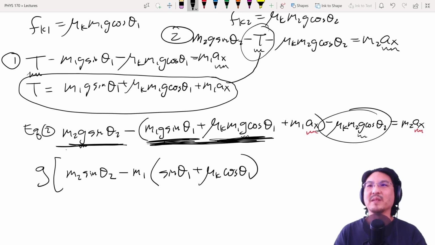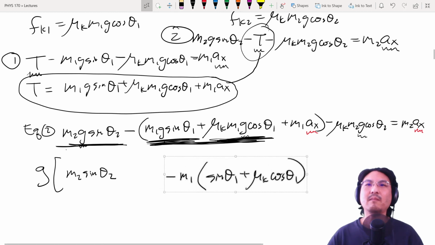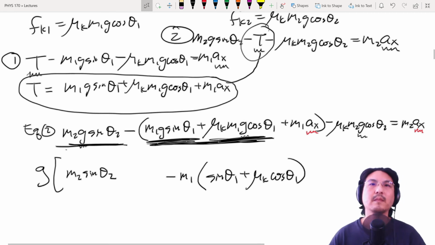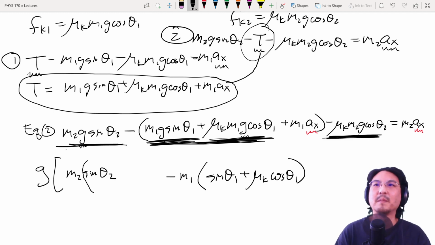And there's this, which also has m2, so I might as well factor the m2. So here, there's a minus sign, minus mu k cosine theta 2.